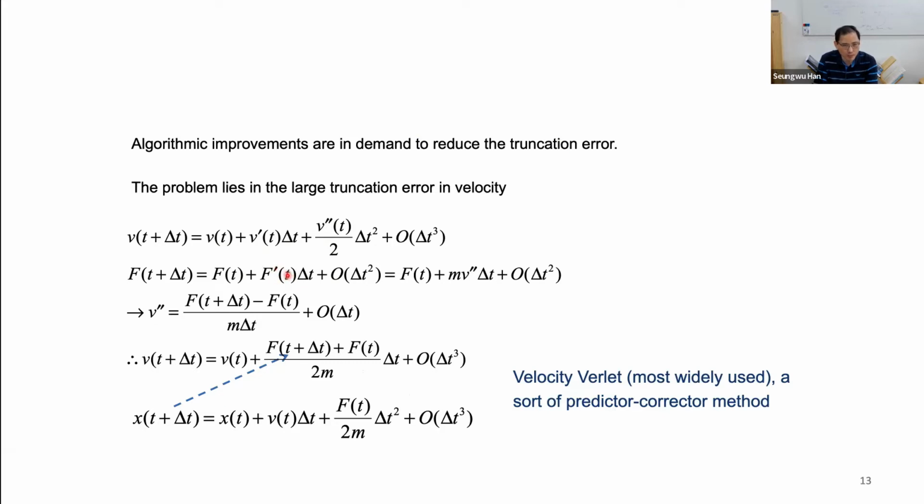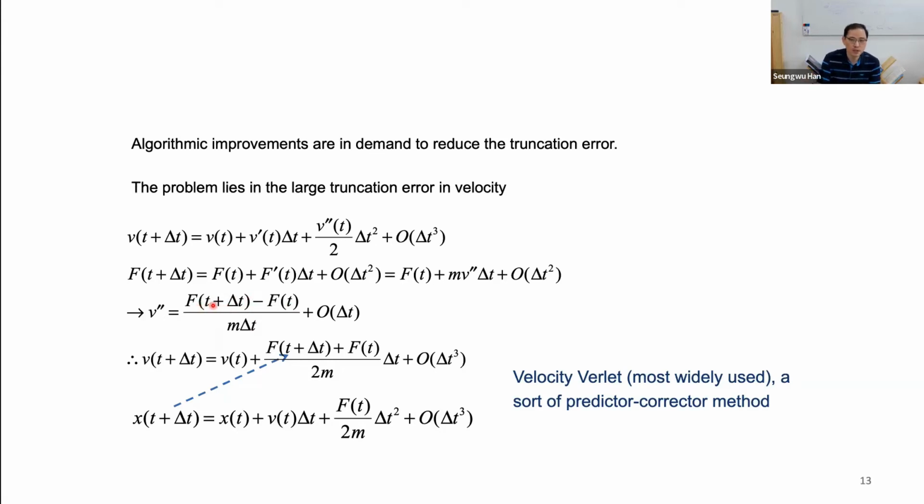Okay, a prime is equal to actually F(t plus delta t) minus F(t) over delta t. But the caveat is that we have the information at t, and we want to predict t plus delta t, but what we need is actually the information in the next step.